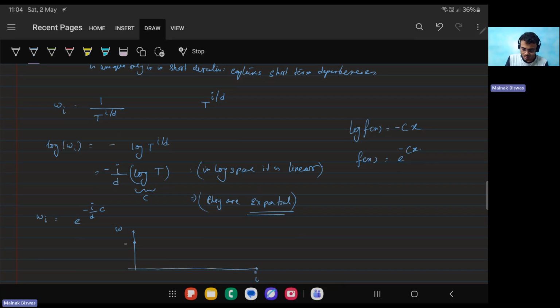So this is 1, and when i goes from 1 to D, when i equals D, omega D is equal to e to the power minus C, right? So e to the power minus C, say, is some constant. So this is say e to the power minus C.